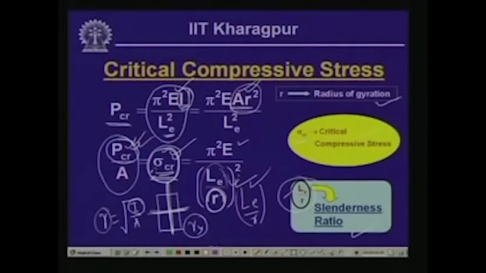So, we must always look for the minimum possible stress, otherwise the member will fail by buckling if we go beyond that particular load. This is what is important: the slenderness ratio L E by r and the critical compressive stress sigma C r.